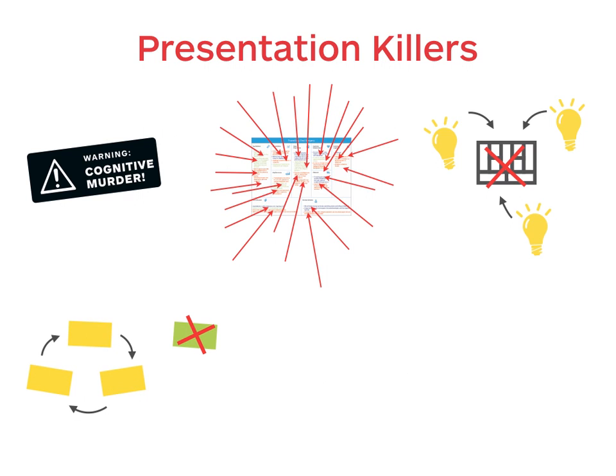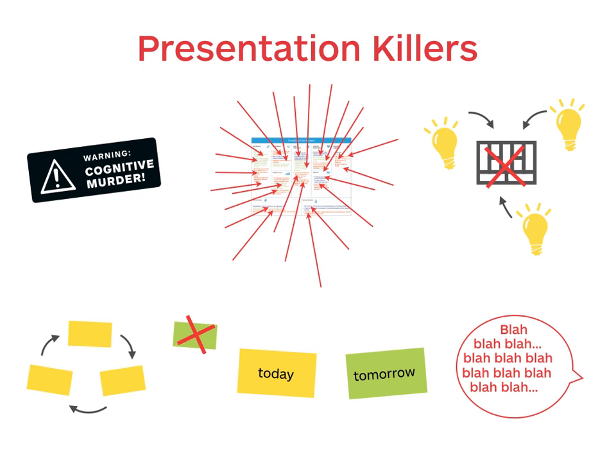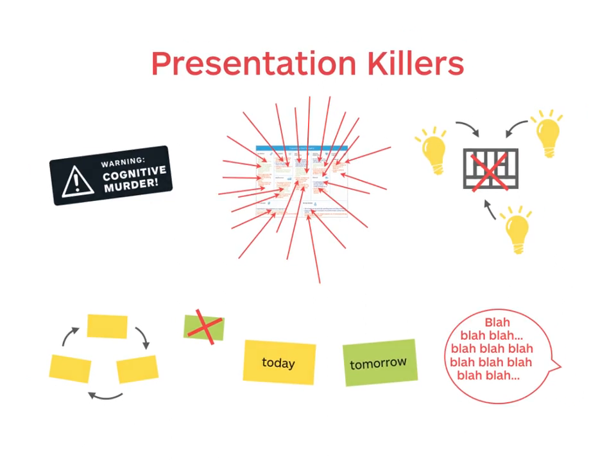We want to avoid creating orphan elements, which are elements of the business model that are not connected to others. Avoid putting the future state and the current state of your business model into the same canvas without somehow distinguishing between them. And we want to avoid that tendency to engage in irrelevant blah, blah, blah.